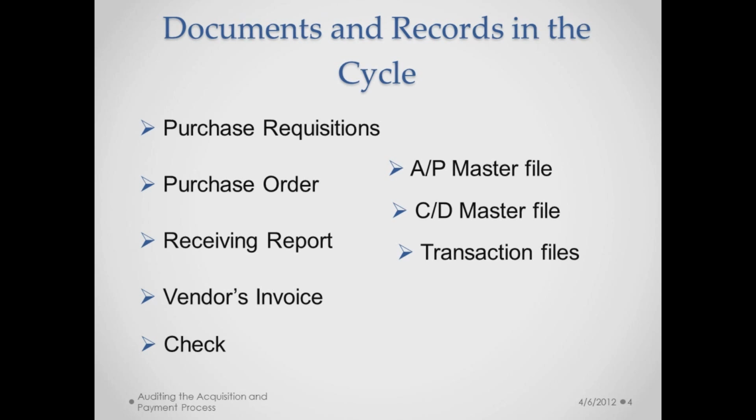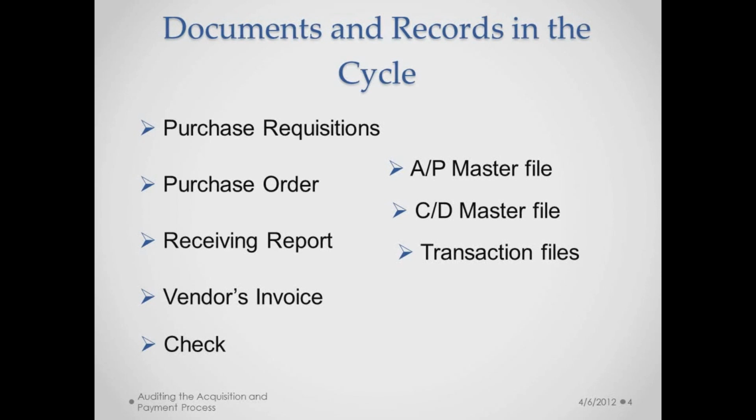You don't always see purchase requisitions, but in certain organizations you will, especially in manufacturing companies. You see purchase requisitions quite a bit. The purchase order is what the company sends to the vendor, and in a sense, it becomes a contract when the vendor fills that purchase order. You're asking the vendor to sell you goods.